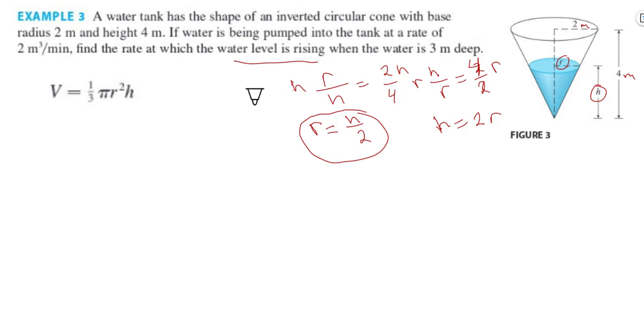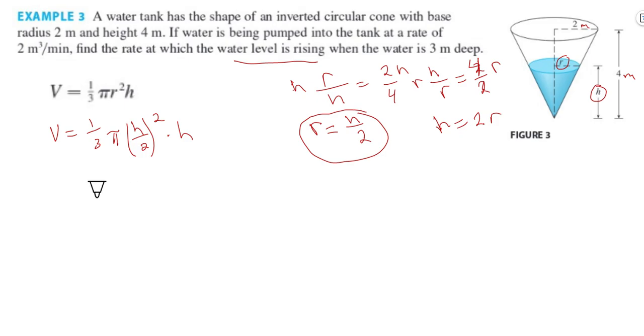We might be able to do it that way, but what we're going to do is take v is 1/3 pi, and replace r squared with this, so it's going to become h over 2 squared times h. Okay, so notice we don't have to worry about that r. Sometimes they didn't give us enough information to really work with it. And it takes advantage that as h changes, r changes proportionally because the two cones are similar.